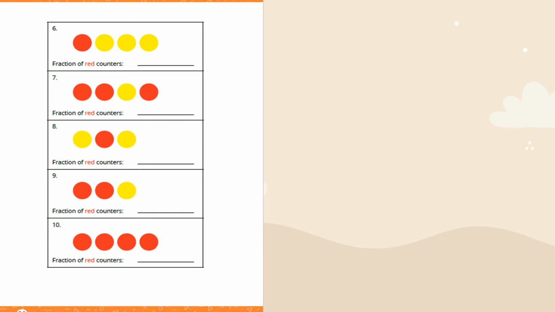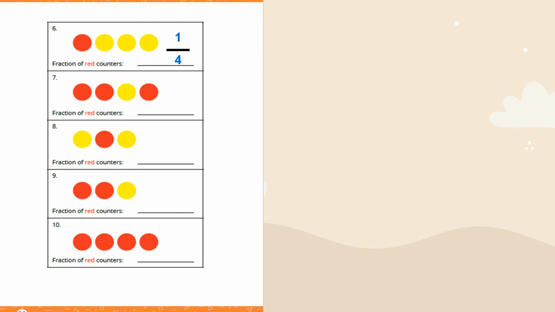So the first step, we must put the fraction bar. Then how can I do this? Let's count. We must put the total parts. 1, 2, 3, 4. How many balls do I have? 4. And how many red balls? 1. So I will write 1 over 4. It's called 1/4.